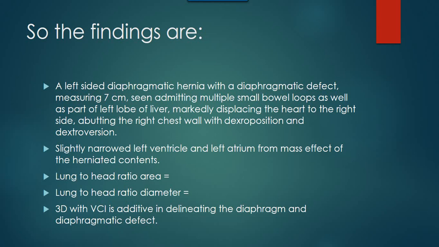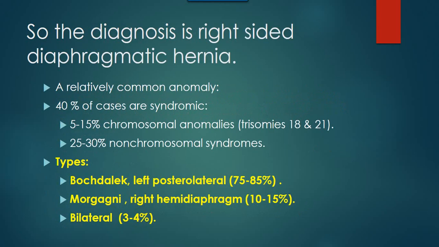Here is a 3D with VCI, which is additive in delineating the diaphragm and diaphragmatic defect. So the diagnosis is left-sided diaphragmatic hernia, which is a relatively common anomaly. 40% of cases are syndromic, 5 to 15% chromosomal anomalies, mainly trisomies 18 and 21, and 25 to 30% non-chromosomal syndromes.